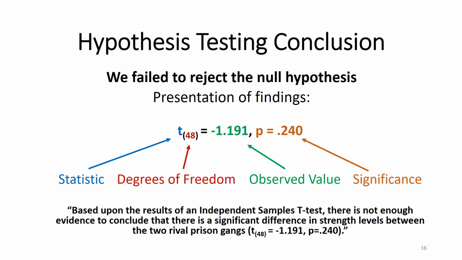And then we finish off by telling them the p-value for the statistic. That's the orangish brown color, p equals 0.240. So right there in one nice little tightly wrapped package, we've told them 4 things: the type of test we're doing, the degrees of freedom, the observed value for that test, as well as the significance of that test. And it allows us to have everything nicely wrapped up without having to go sentence after sentence and walk through the entire test.